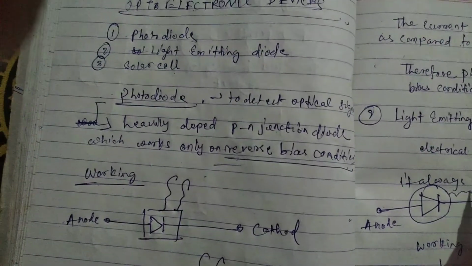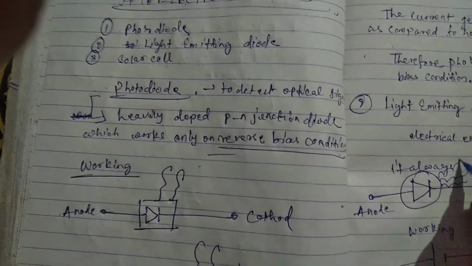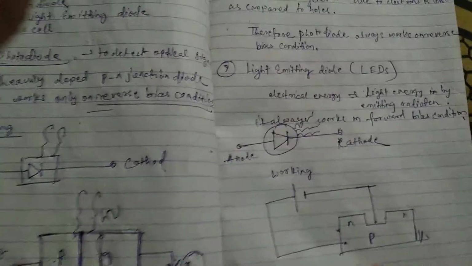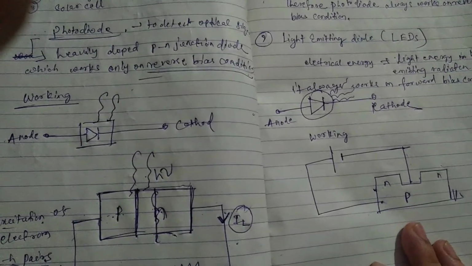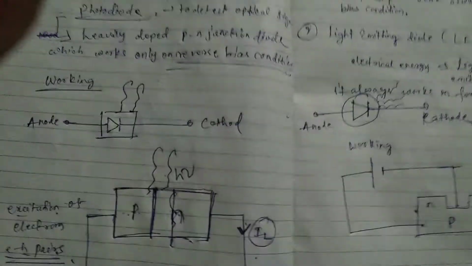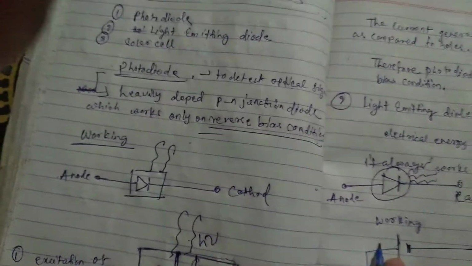Here it is emitting radiation. So let's see how it emits radiation. When electricity is passed through this p-n junction, it is also a p-n junction diode.